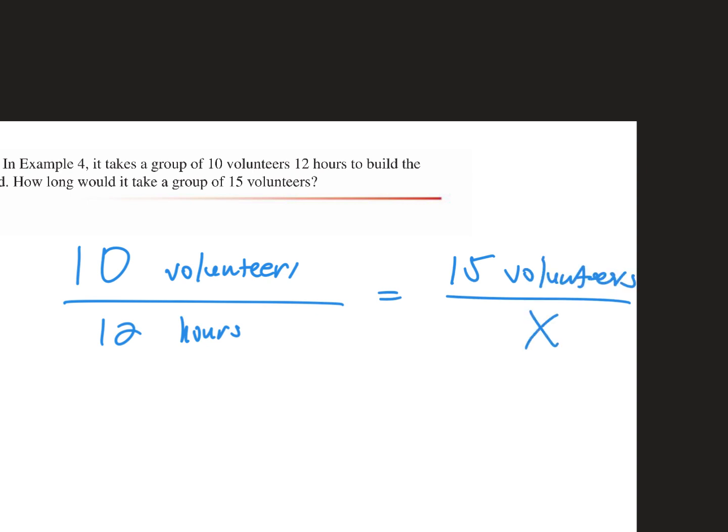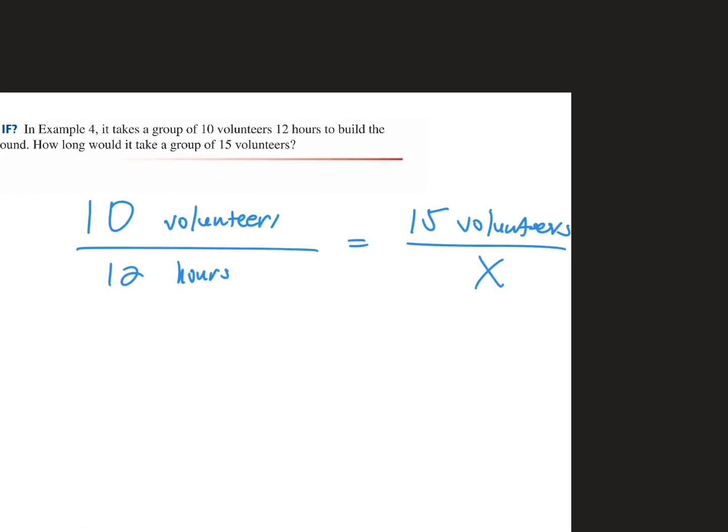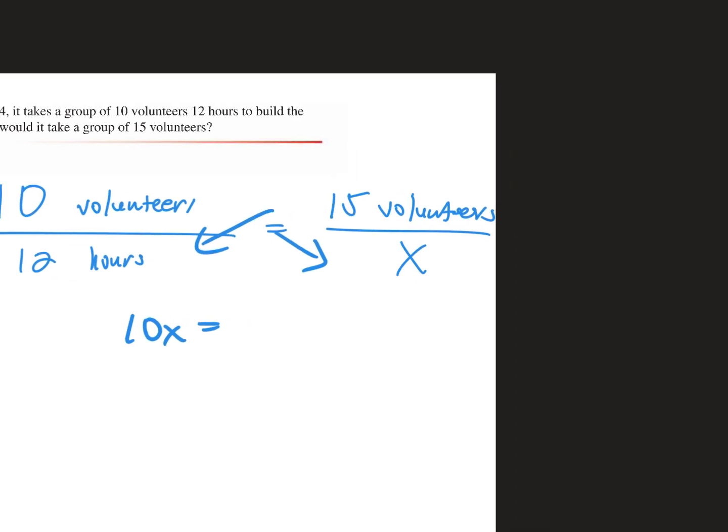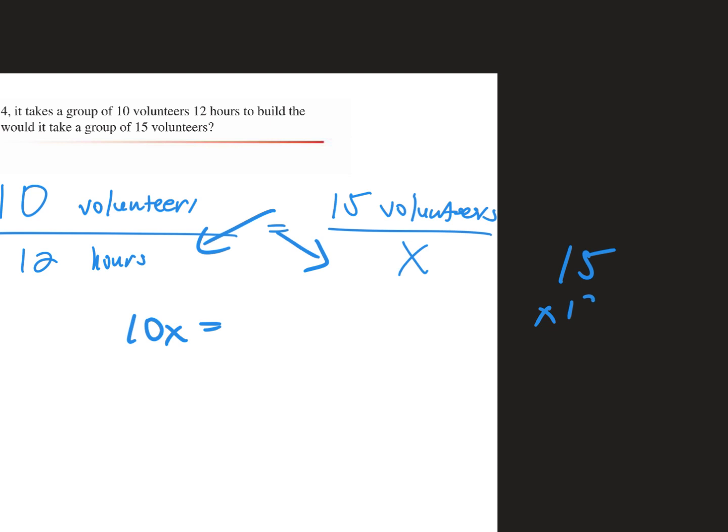What do we do when we don't know something in math? You put a variable there and figure it out. So guys, this is just a proportion. Cross multiply. What is 10 times x? 10x equals, what's 12 times 15? 15 times 12.